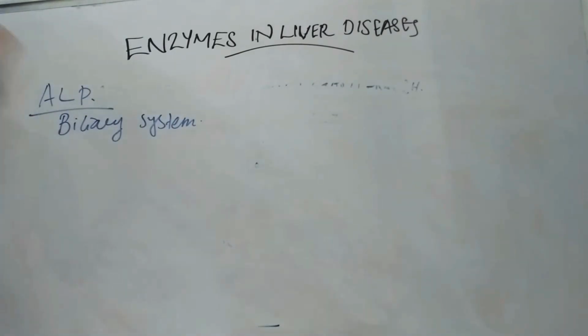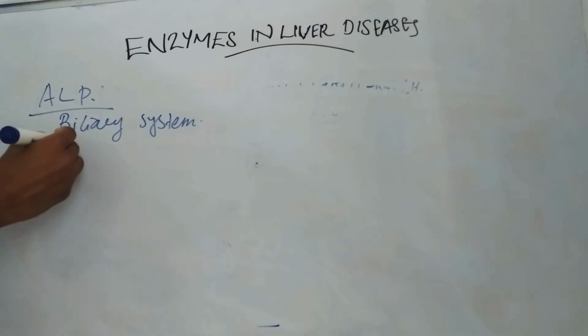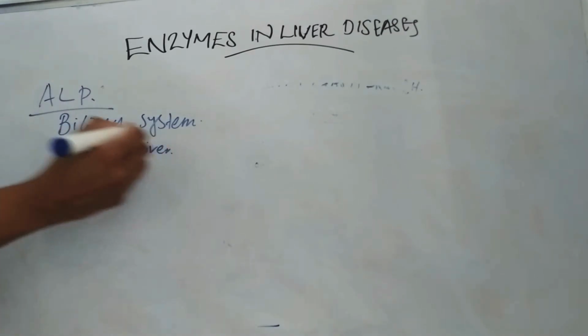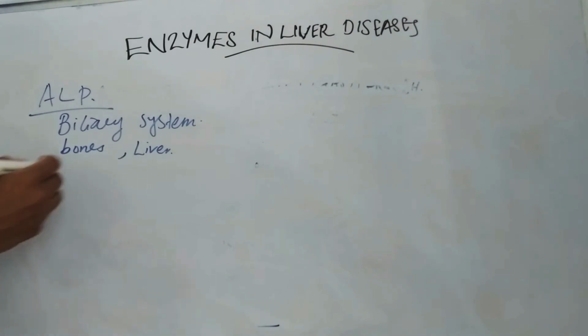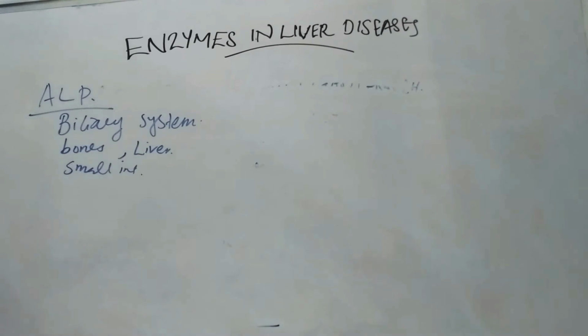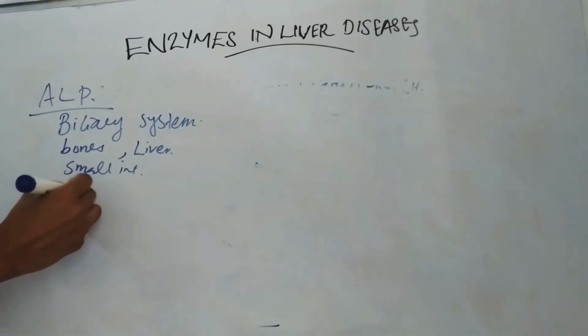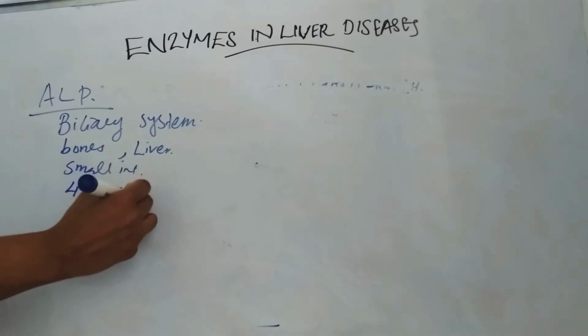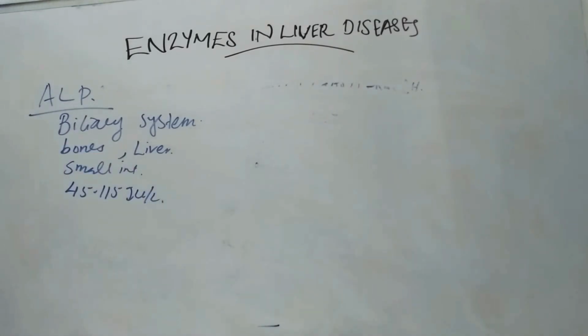It is present in a number of other organs, mostly in bones, liver, then in small intestine, kidney, and placenta. Normal range is about 45 to 115 IU per liter.